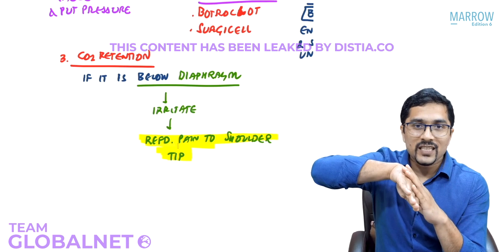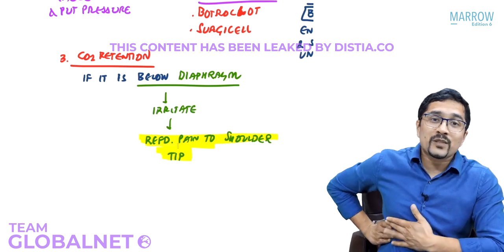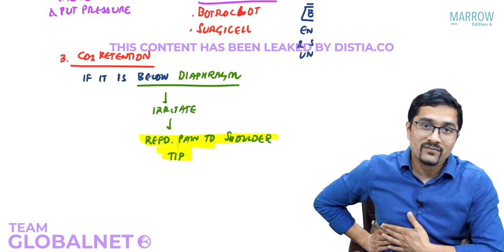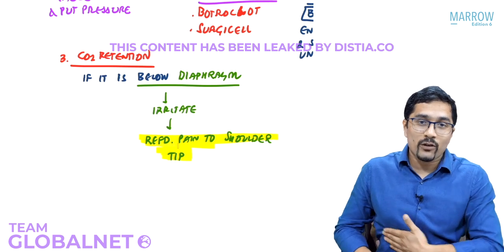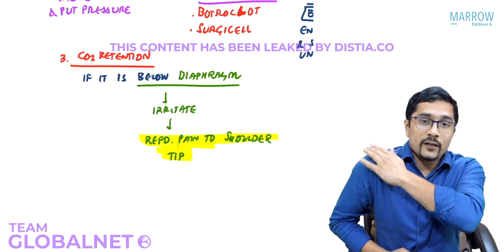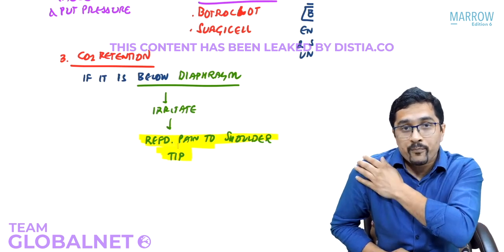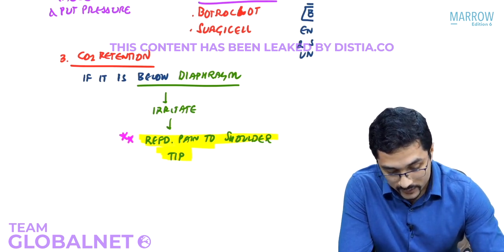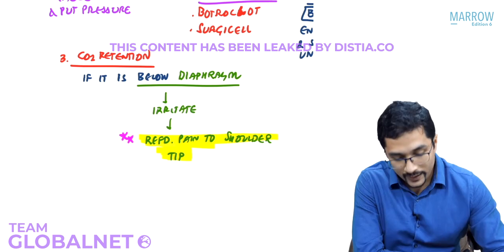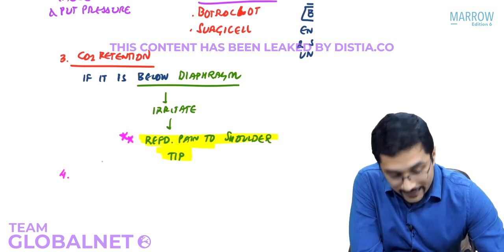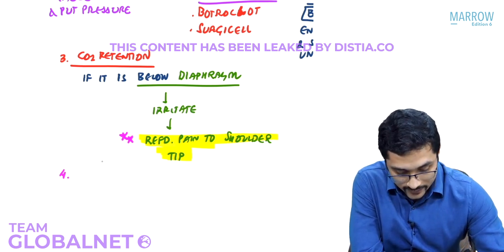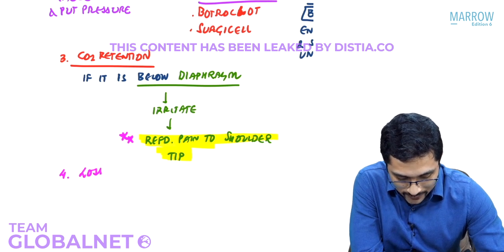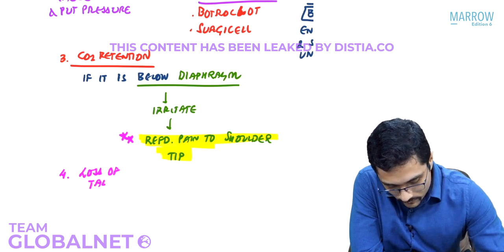So in this position, all the gas goes below the right dome of the diaphragm and it irritates the right dome of the diaphragm and leads to referred pain to the right shoulder tip, which is the most common complication following lap chole. So this is another issue in laparoscopic surgery. And the final issue in laparoscopic surgery is loss of tactile feedback.